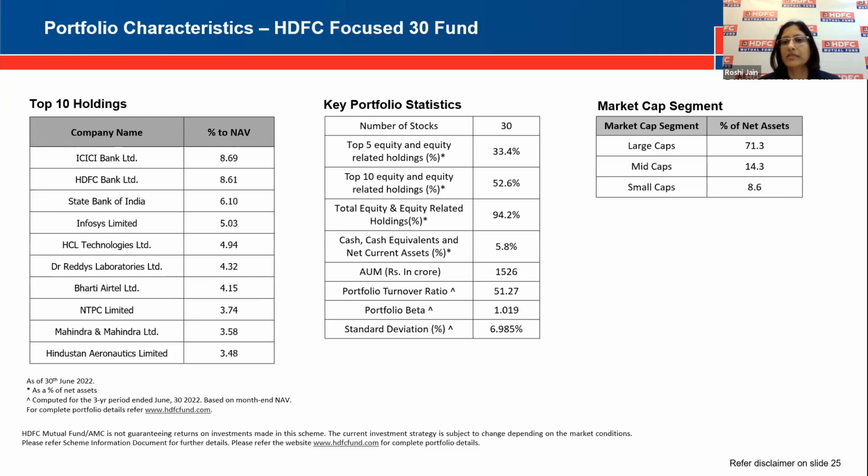To my mind, given the kind of volatility that we will possibly see over the next few months on account of global growth concerns, higher rates, liquidity tightening, perhaps the larger caps will probably be able to weather that volatility a little bit better, and therefore you will see the tilt of the portfolio towards the larger cap names.